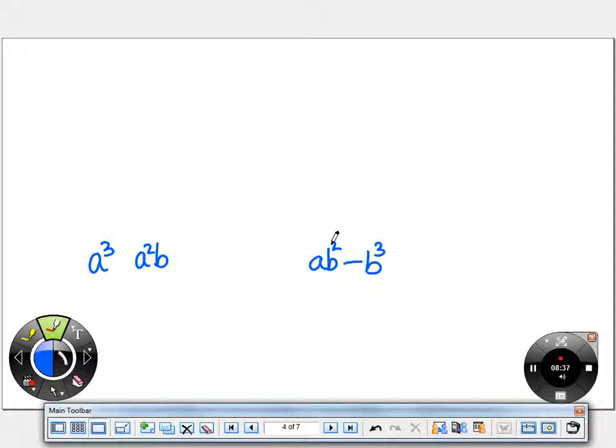Okay? But I'm going to be a little bit strategic about where I put them. I can't just put those in, right? Now I've changed it. It's not just a cubed, b cubed. I really need 2 of these and 2 of those, 1 minus and 1 plus, right? That way, they technically cancel each other out. Like if I go like this, those are there, but they're really worth nothing, right? Okay.